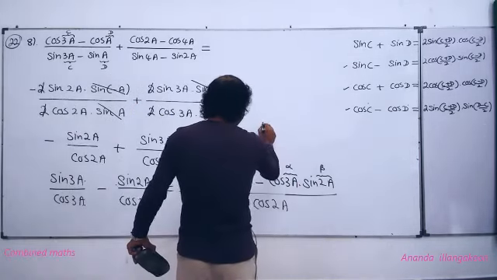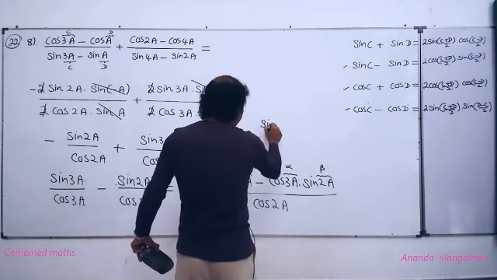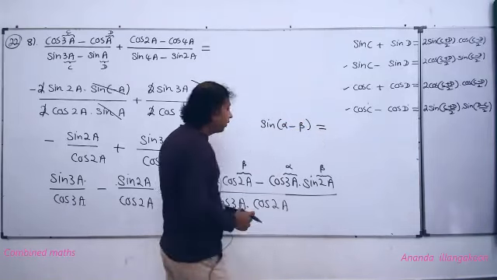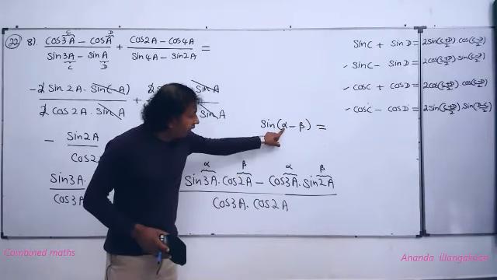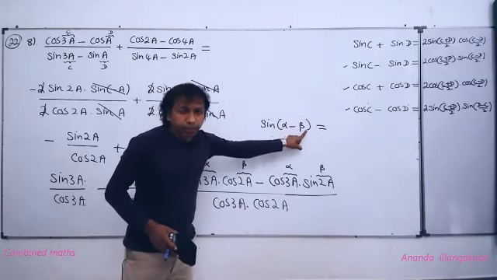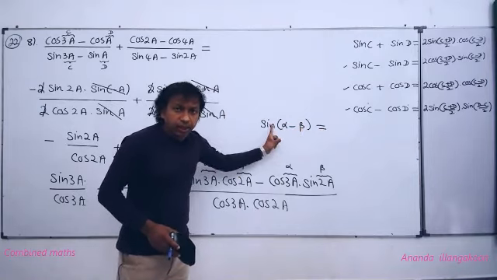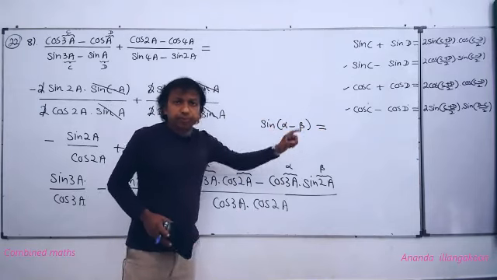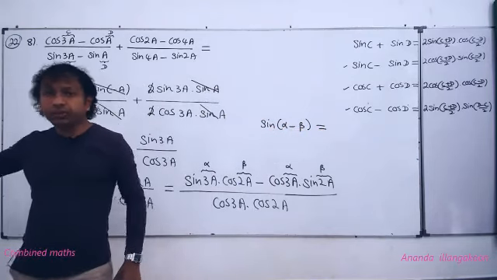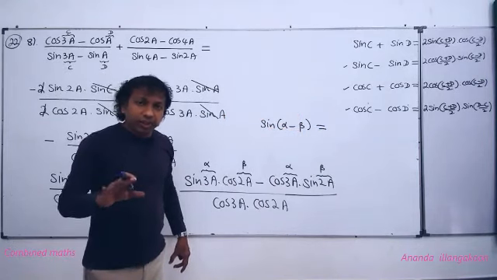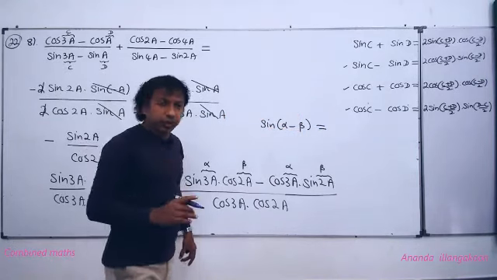Suppose this one, sin alpha minus beta. Expand this, assuming this alpha as A and this beta as B. If we take, this is like sin A minus B. You know, people, the expansion of sin A minus B. What is that? Sin A cos B minus cos A sin B, right?